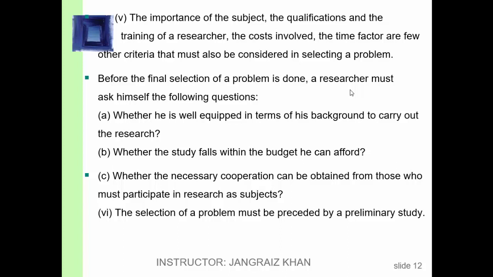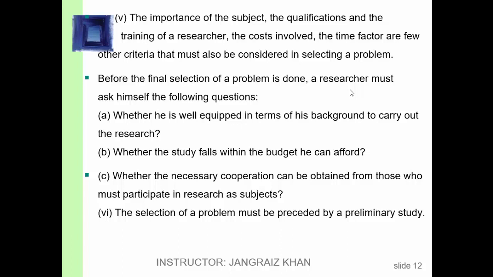If you are selecting the problem for your research degree, then it depends on your time constraint. It also involves cost. It also involves the qualification and training of the researcher. So all these should be kept in mind while selecting a research problem.